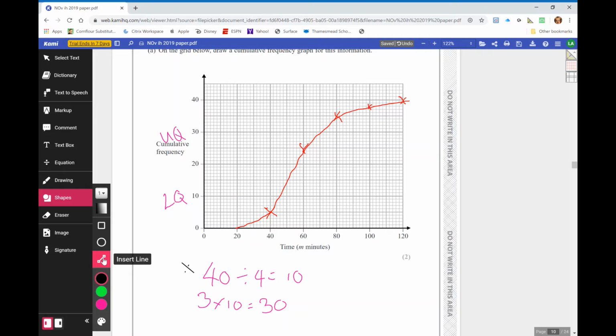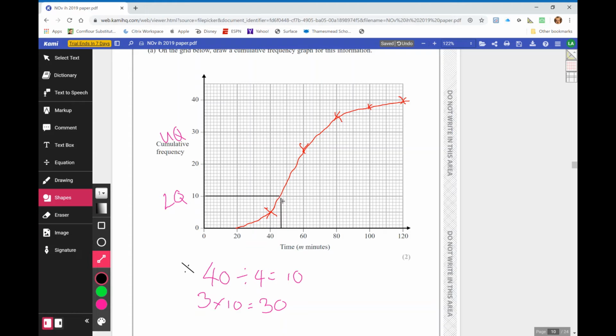Okay, so let's draw our lines. Lower quartile, you draw a line up to the graph, and then another line, picking up the wrong thing here, another line from here, it's not liking my lines, all the way up, let's move that out of the way, all the way up to there.